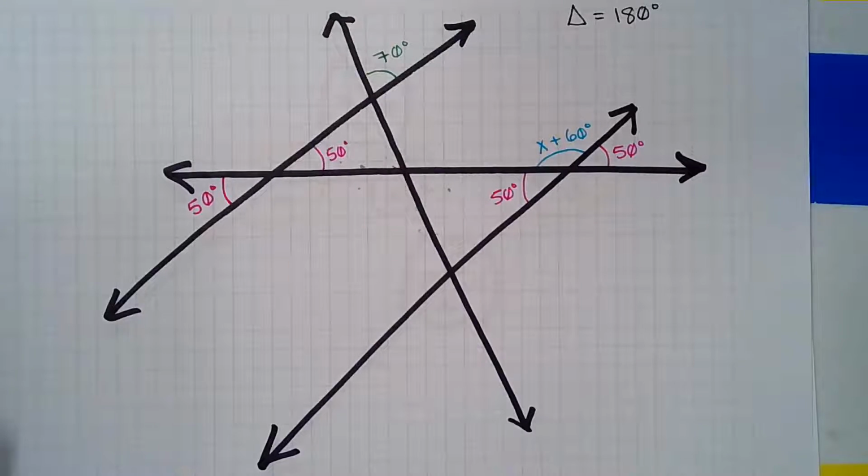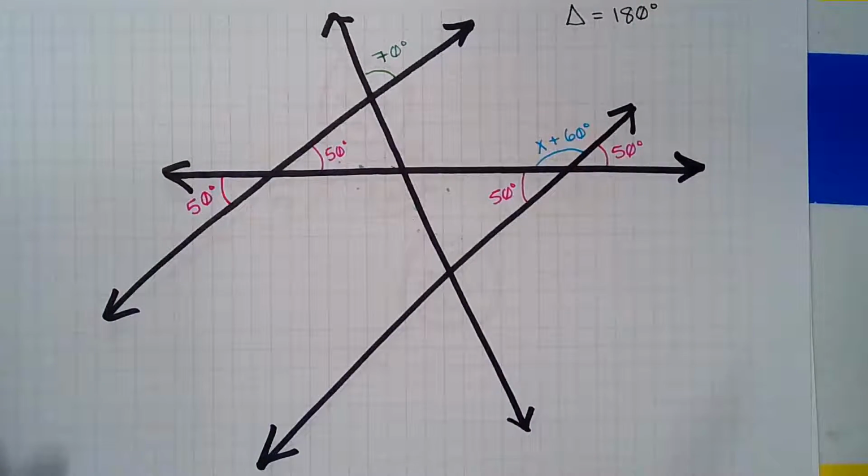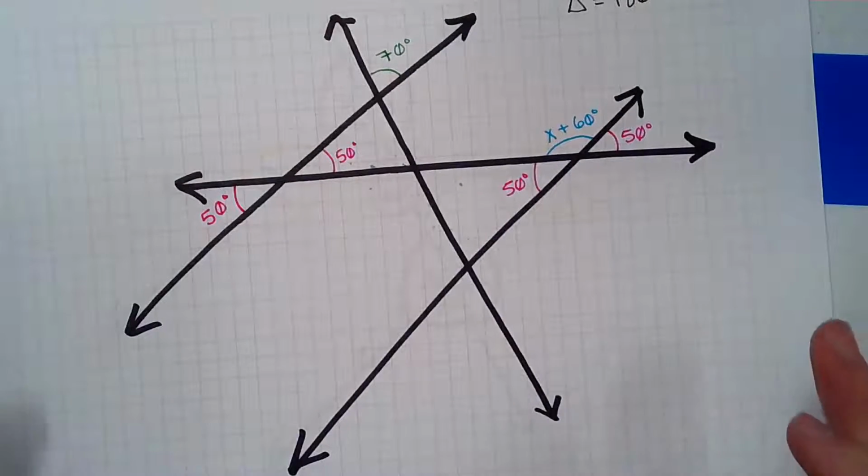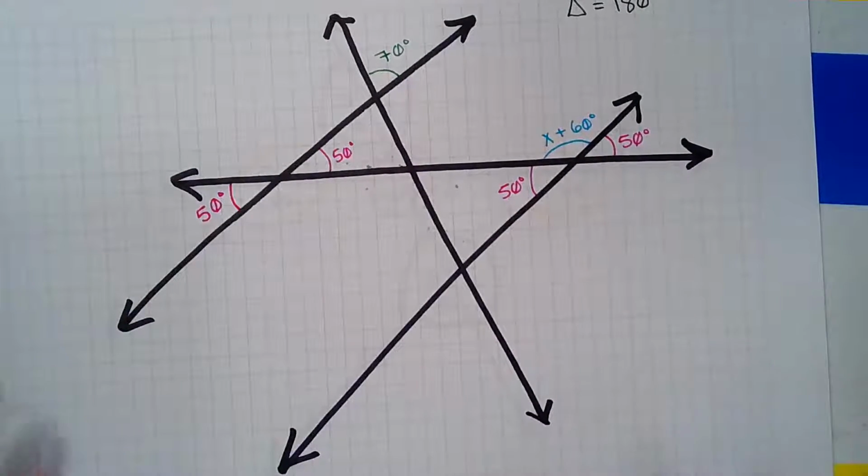Anything else we can get out of the pink before we go in and venture to the rest? Take 50 plus 60. Yeah, we can do that and figure out because it adds up to 180. But is there anything else we can do before involving any other angles? See any others? Something with 70? No. So over by the 70? No, there's no more 50s.